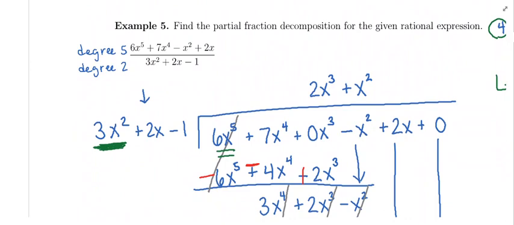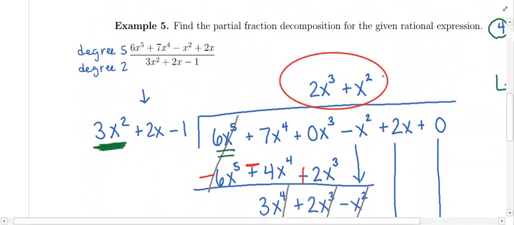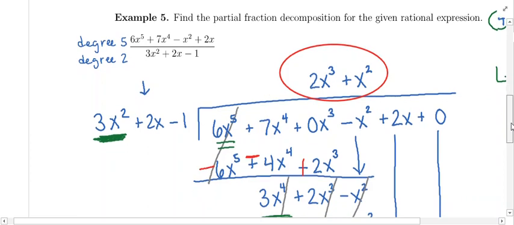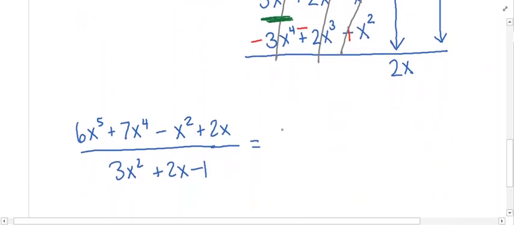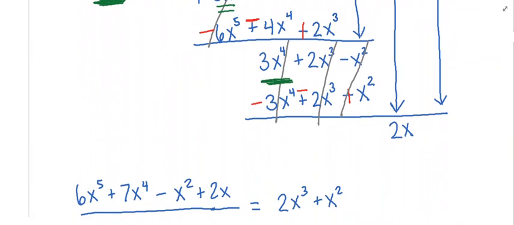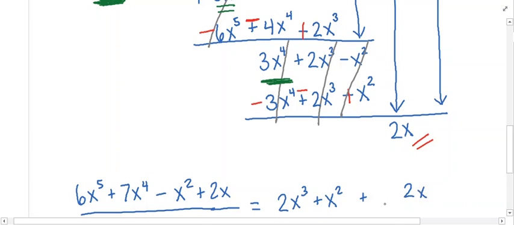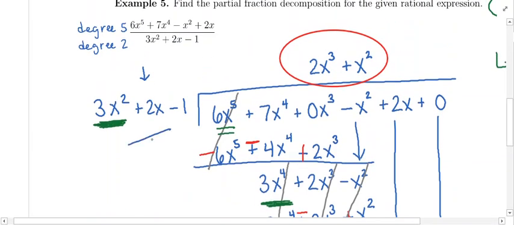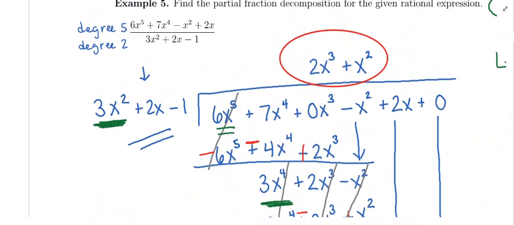The 3x squared plus 2x minus 1 is going into the 6x to the 5th plus 7x to the 4th minus x squared plus 2x 2x cubed plus x squared whole times. So we're going to write 2x cubed plus x squared, and now we have to write the remainder. This is positive, so it's going to be plus 2x over this thing, 3x squared plus 2x minus 1.